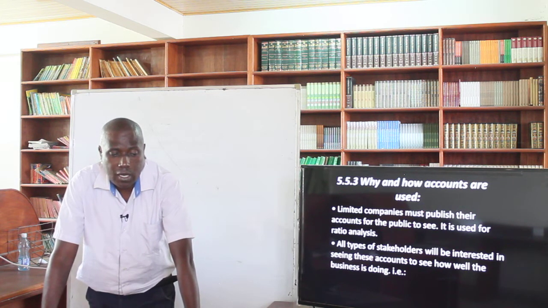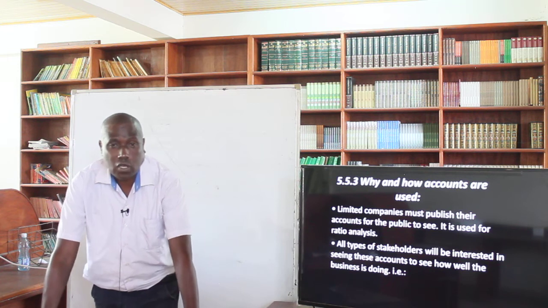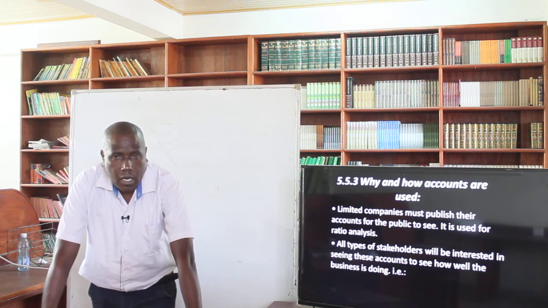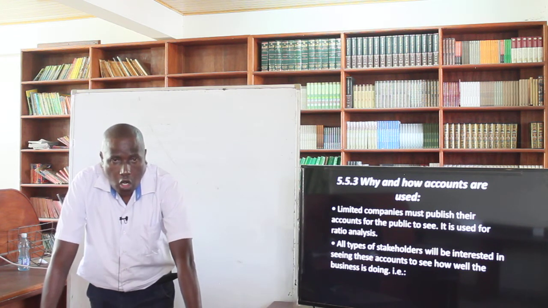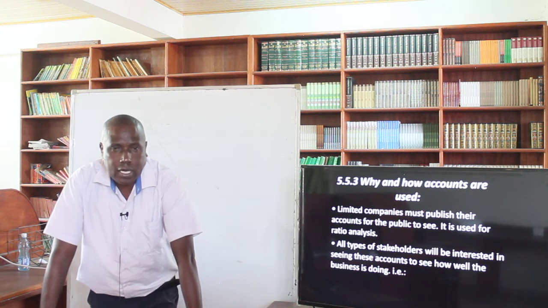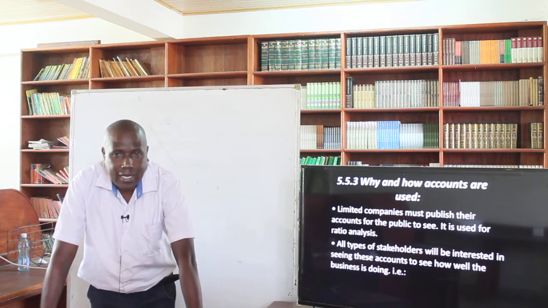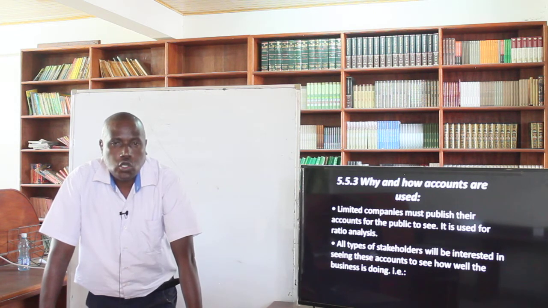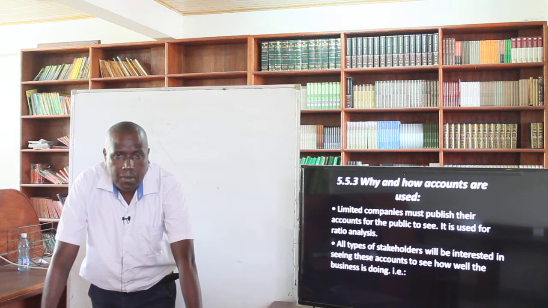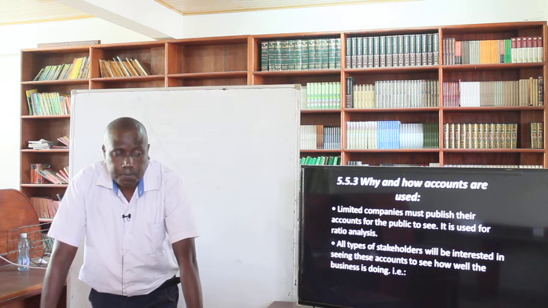Why? Because they have to be accountable to the members of the public. Now, this is done for ratio analysis. All types of stakeholders will be interested in seeing these accounts to see how well the business is doing.